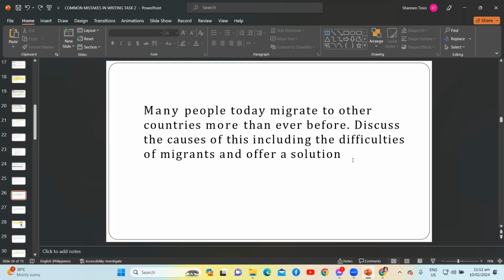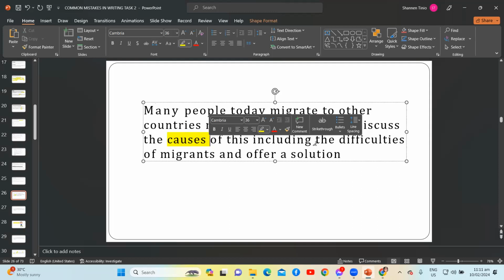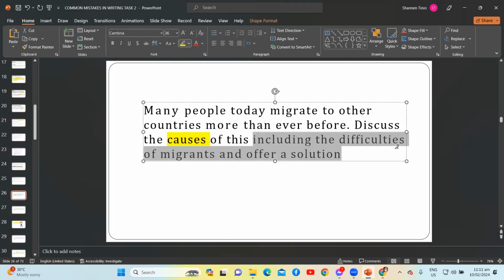Dami namang gustong mangyari. Yeah. So, it says here, discuss the causes, including the difficulties of migrants, plus offer a solution.